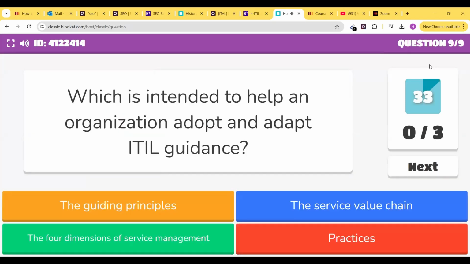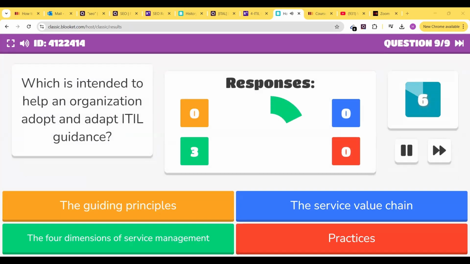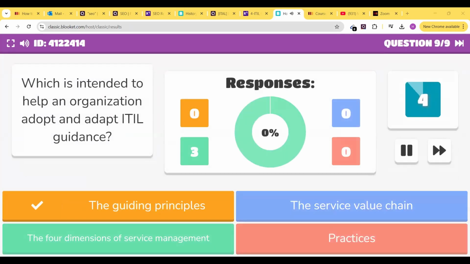Which is intended to help an organization adopt and adapt ITIL guidance? So I would accept three of the four here. So if it was a task, accept the guiding principles of service value.